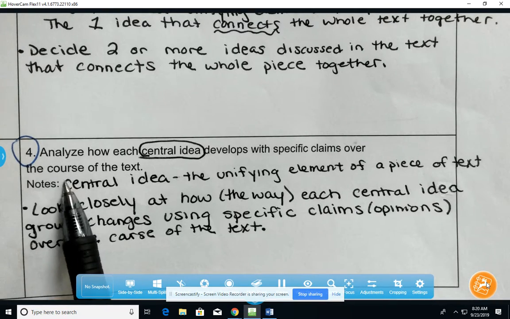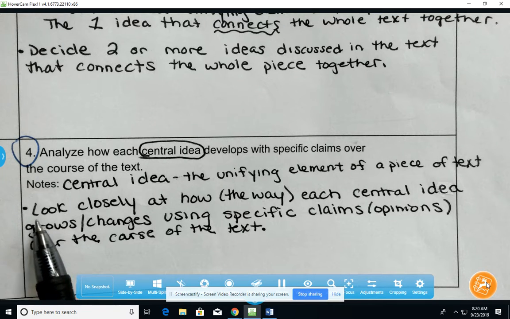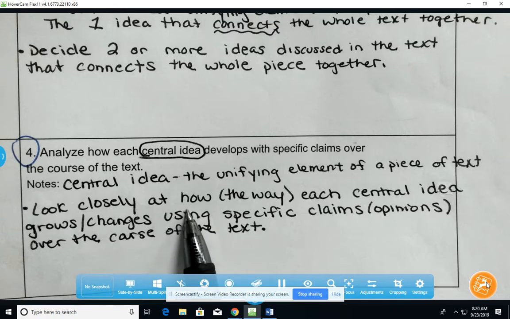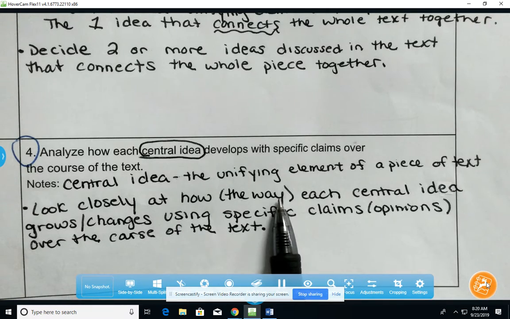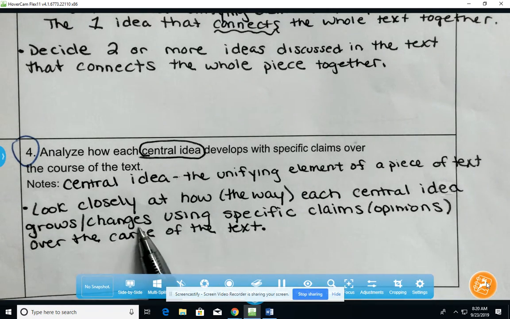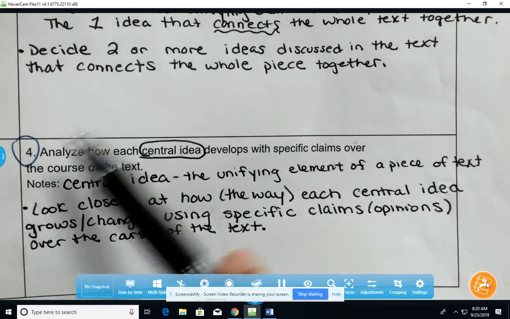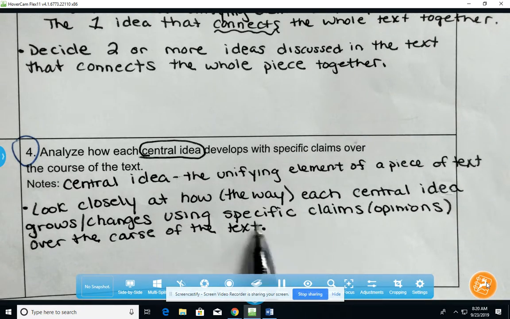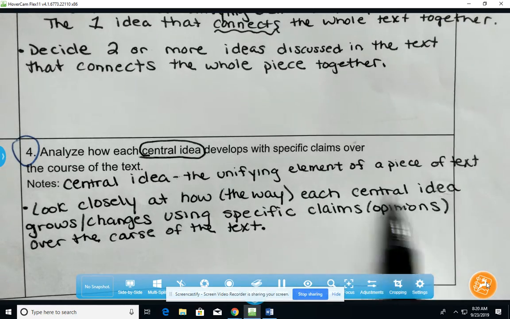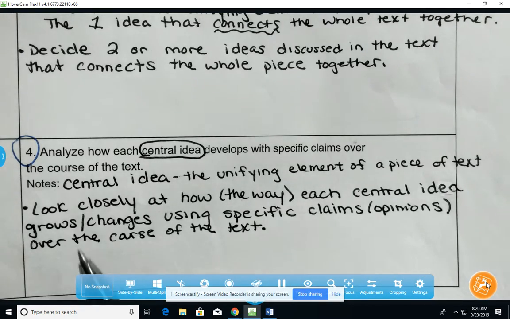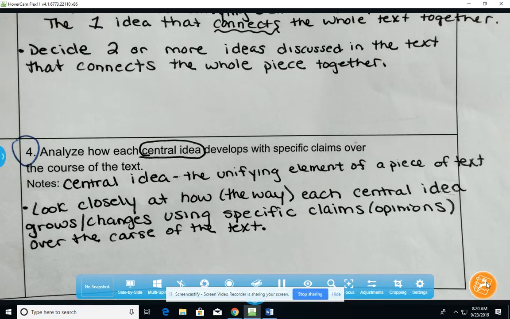To reword this learning target into simpler language, we could say that when you analyze the central idea's development, you're looking closely at how, or in other words, the way the central idea grows or changes using specific claims, opinions the author makes, over the course of the text. So when we're looking at how the central idea develops, we're looking at how those opinions, those claims that the author uses, the way in which the author develops them, that grows them over the course of the text.